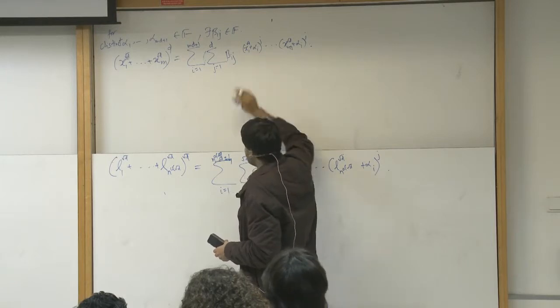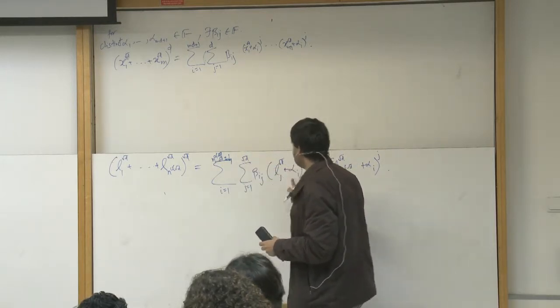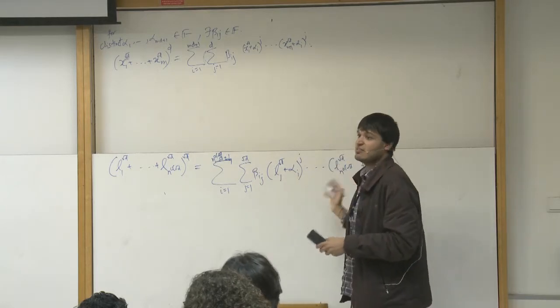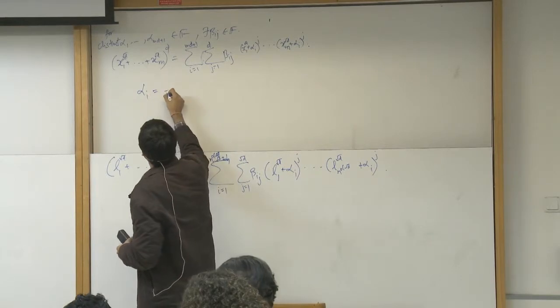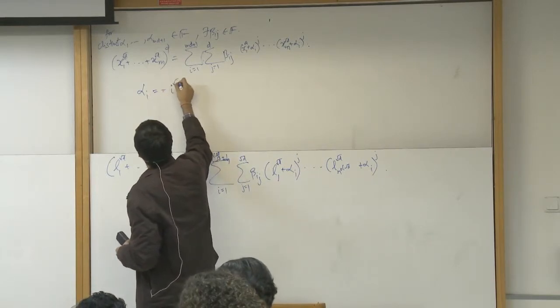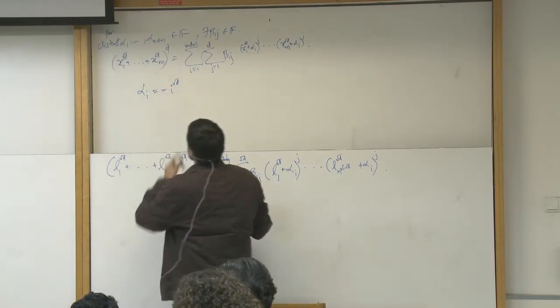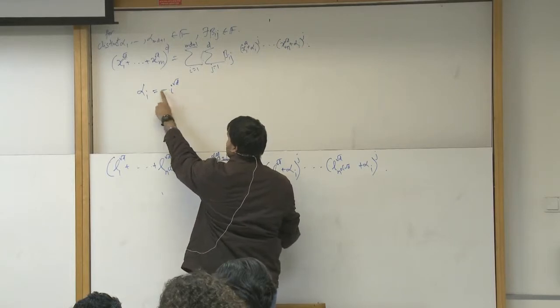So also, for the sake of clarity, because we could choose any arbitrary alpha i's, let's choose our alpha I to be minus I to the root d. So I is an integer, you are taking the root dth power and then you are negating it.